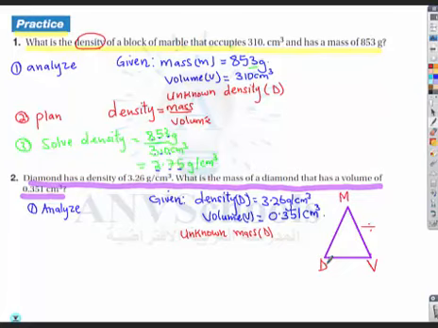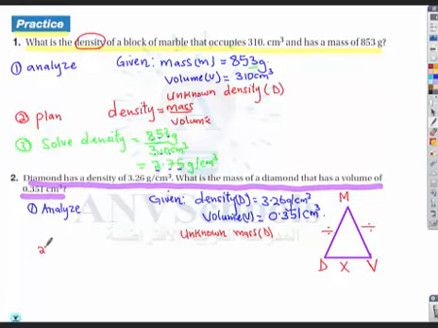So to find mass, you will take density and multiply it by volume.